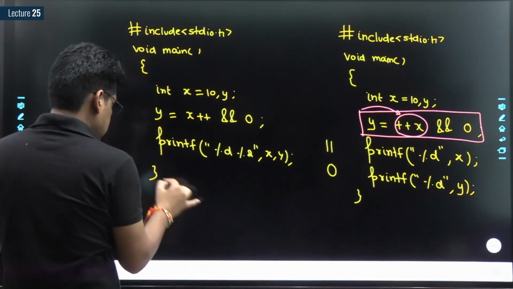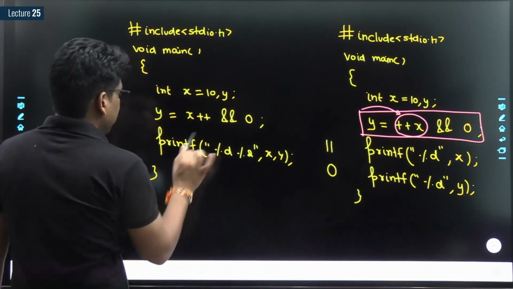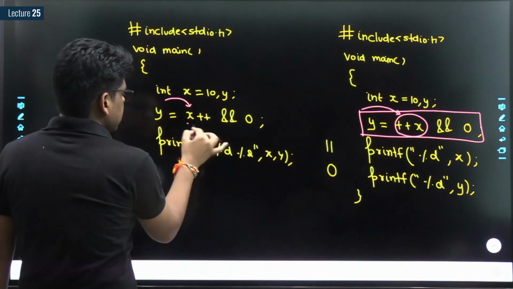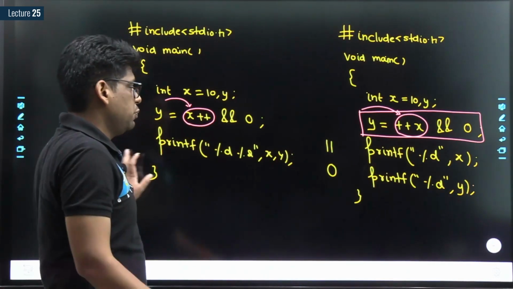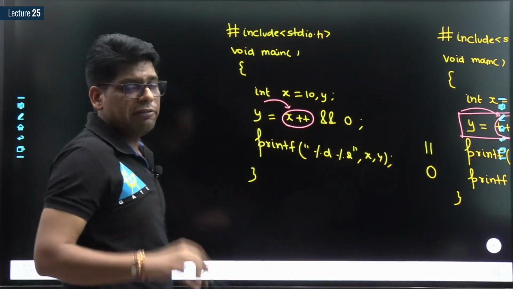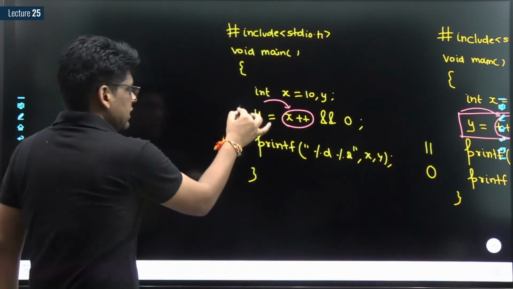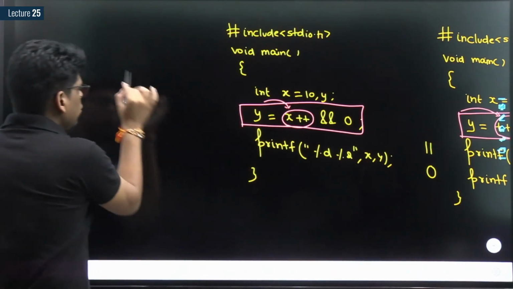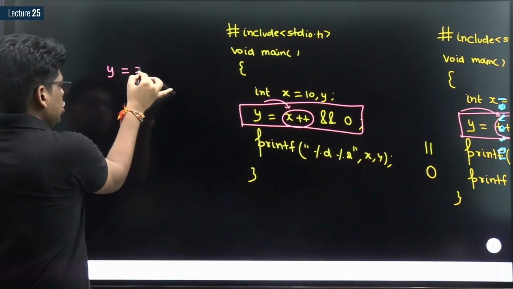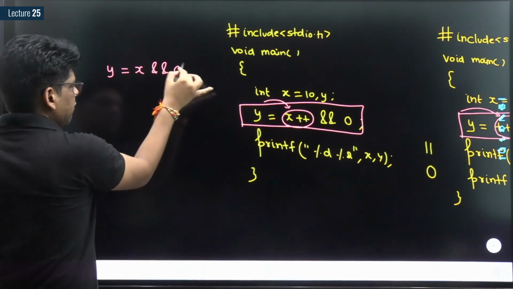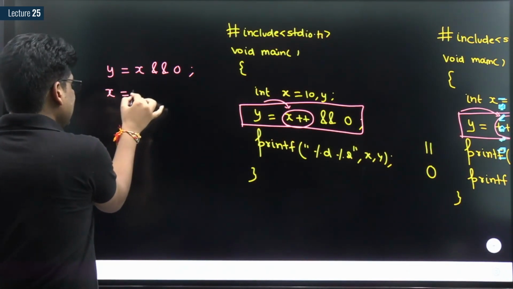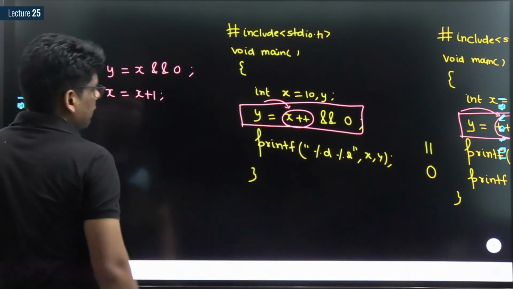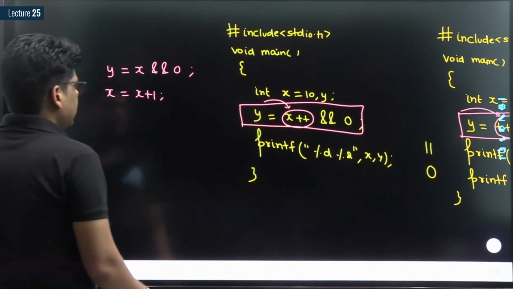Okay, sir, the compiler will first go to this operand. Okay, but what is this post-increment? What does post-increment say? First use the value and then increment. That means this statement can be divided into two statements. First use the value of the variable on which post-increment is done and then increase the value. Okay, done. Sir, how does that matter?